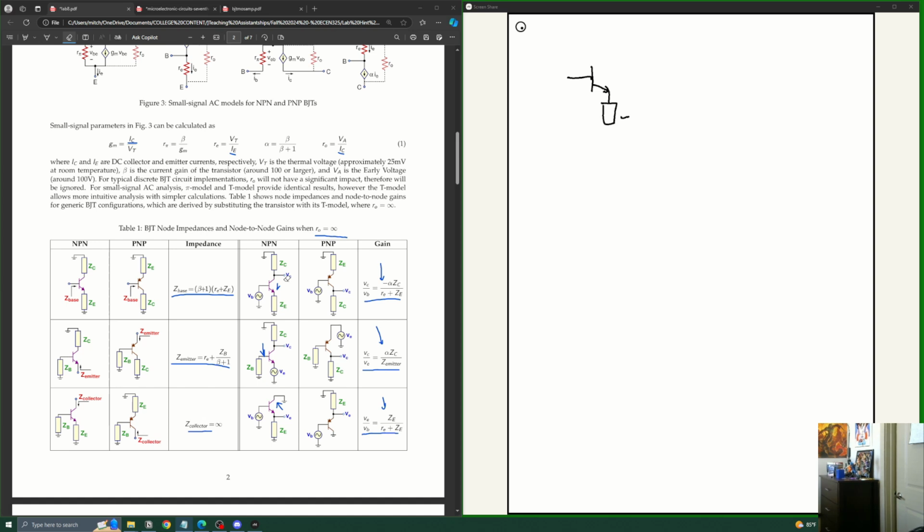So this will be ZE1, and this will be ZC1, and then we have our input, and this chains into a common collector, let's say. This will be ZE2, that's where the output goes. This might be a pretty common situation.